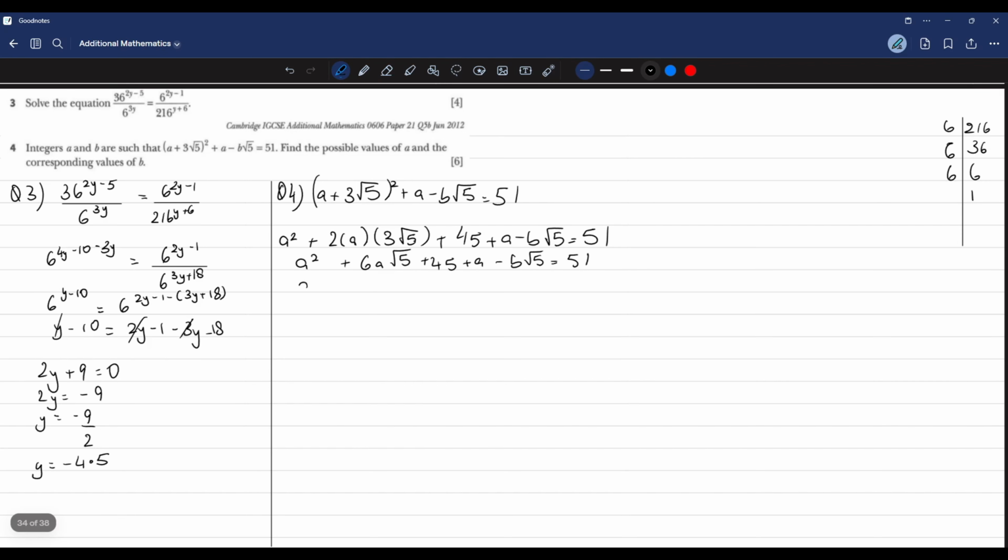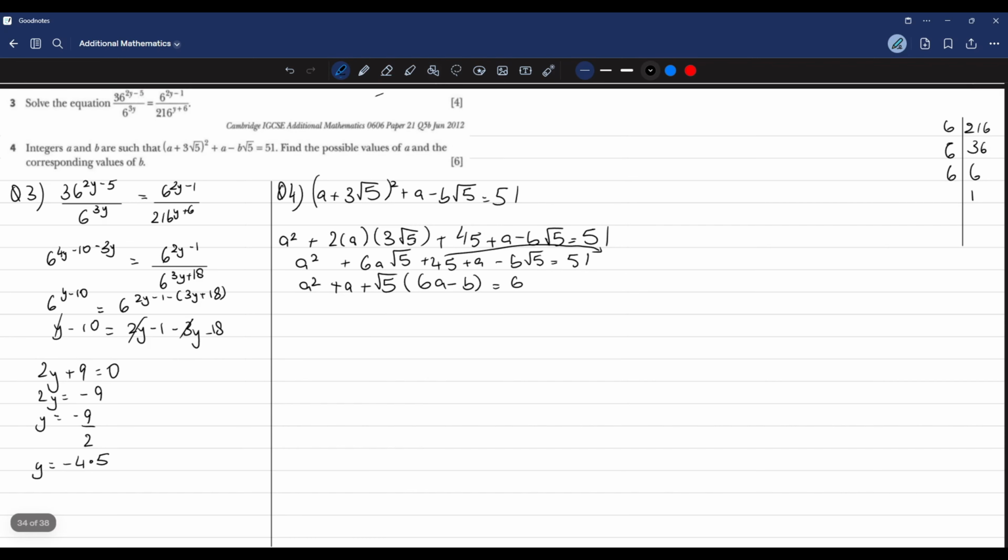Simplify this further, I get a squared plus a here. And then, taking root 5 as the common factor, (6a minus b) root 5, and this 45 goes to the other side to become 51 minus 45. And what's 51 minus 45? It's 6. So we have these values.